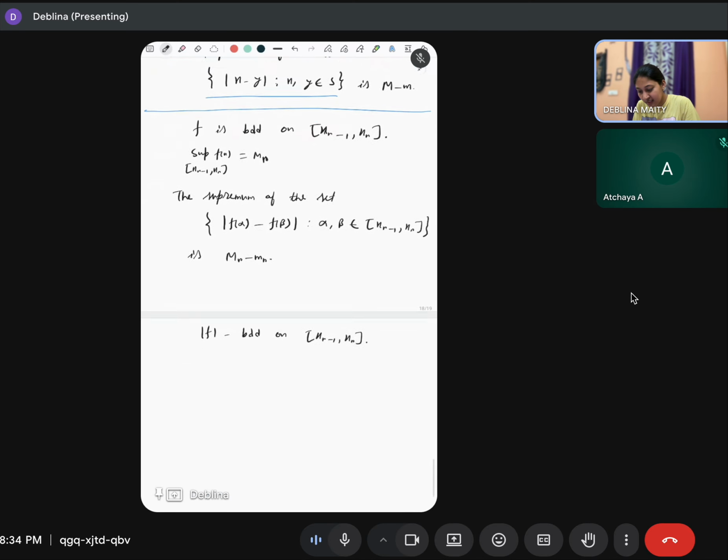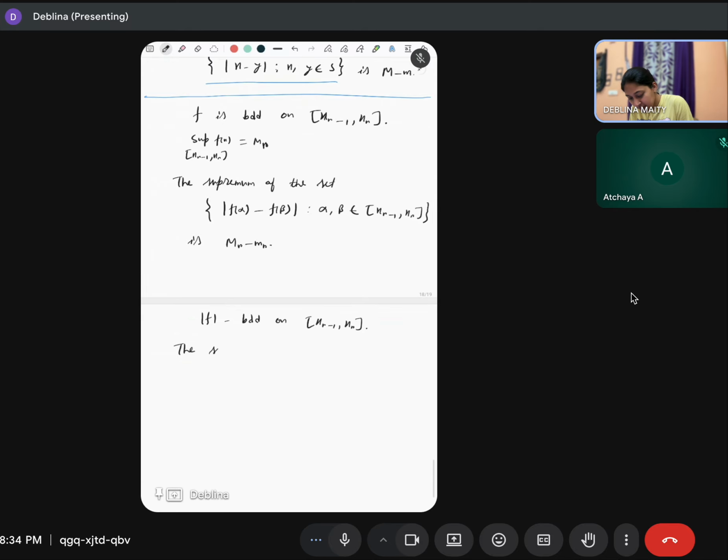So using this result, the supremum of the set mod of mod f(alpha) minus mod f(beta), where alpha, beta belong to this subinterval, is this one.